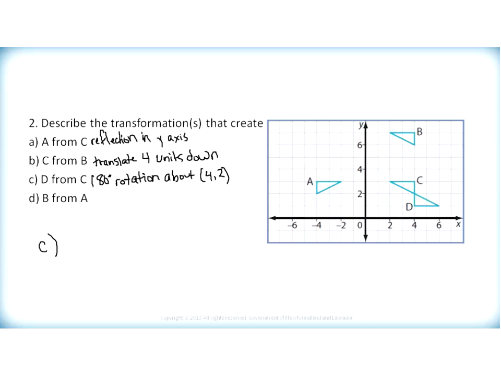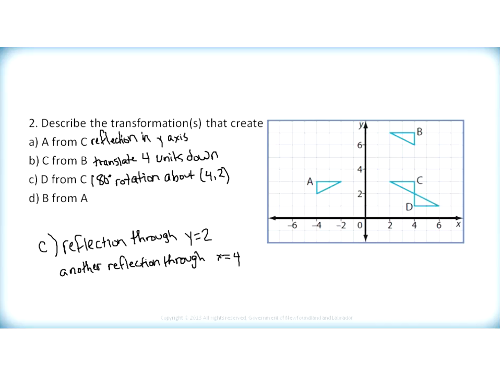For D, we could have also done a reflection through the first line, which would be y equals 2, then another reflection, so two transformations, another reflection through the line x equals 4. So there's 2 ways that I can see for sure that I can do D. Now there's possibly other ways you can maybe come up with.